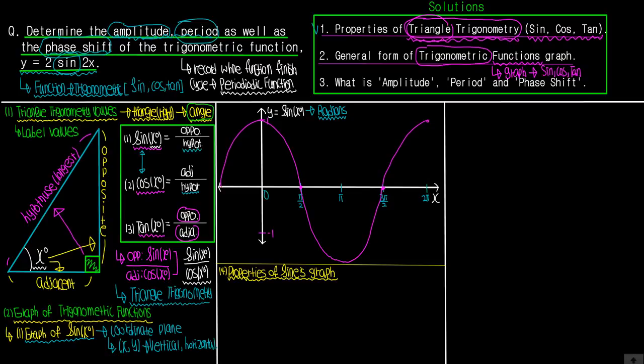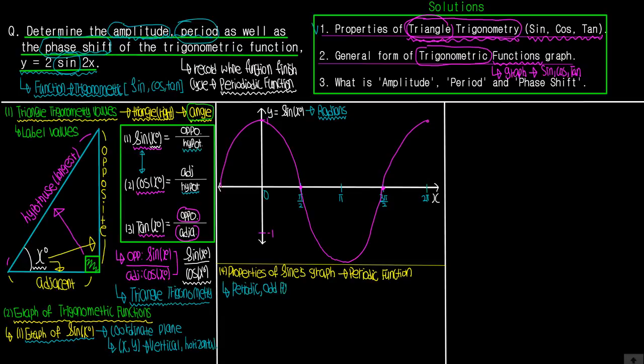And as we can see, this is our sine graph, and this is going to be a periodic function. What is a periodic function? It's a function that has its own cycle. So the first thing that we might talk about is what type of function this is. It is a periodic function, and also it is an odd function.